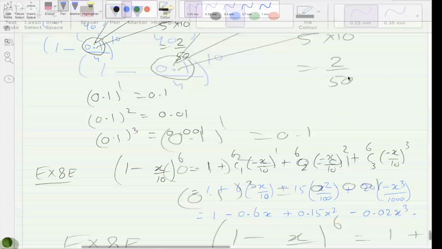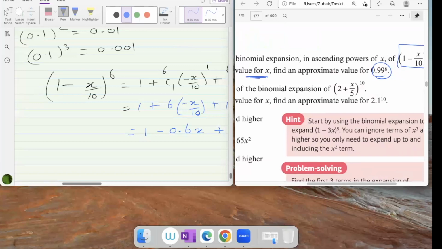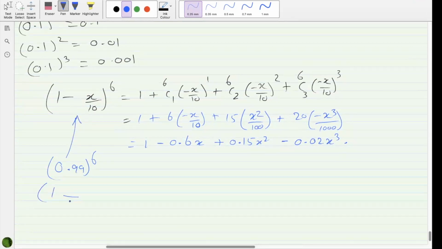Second part demanded the approximate value of 0.99. Now again, by comparison, this was 0.99 power 6. I have to convert it into this form. So 1 minus something. When we check on our calculator, 1 minus 0.99 is 0.01. So 1 minus 0.01. These two terms are now equal. So I'm converting it in this form, in x by 10.